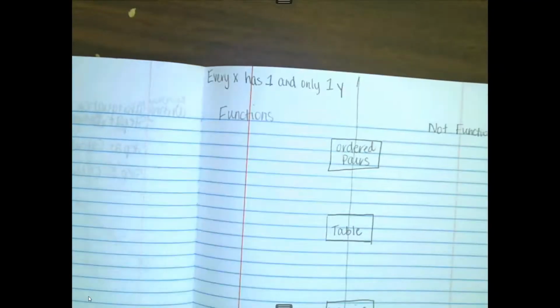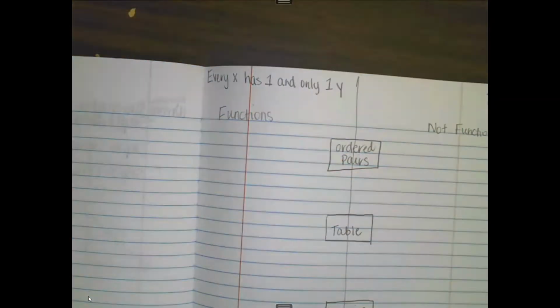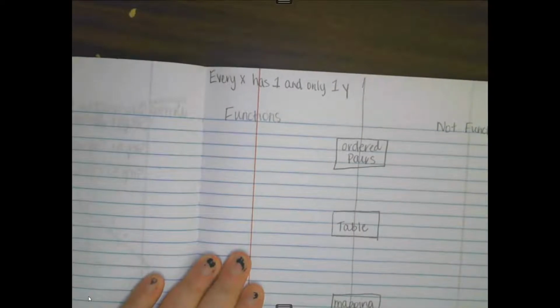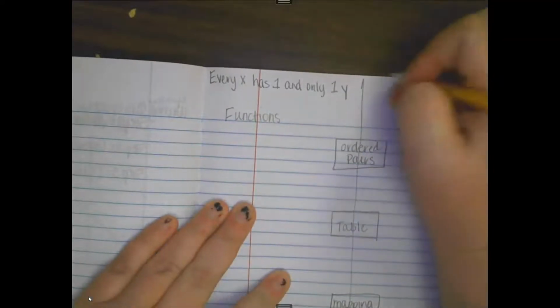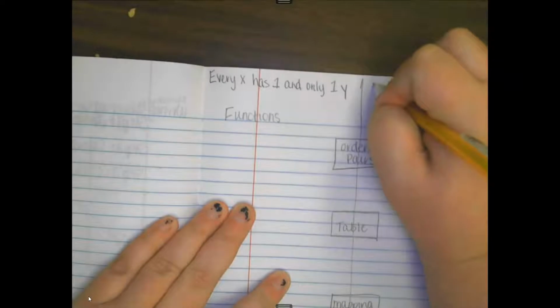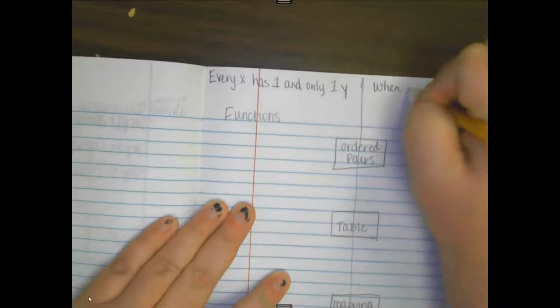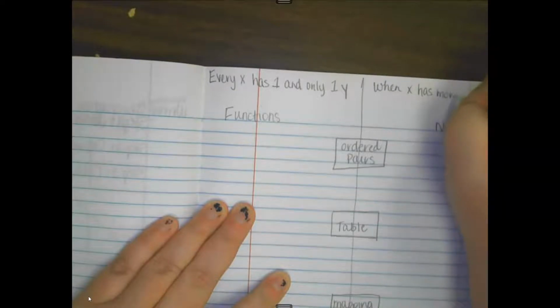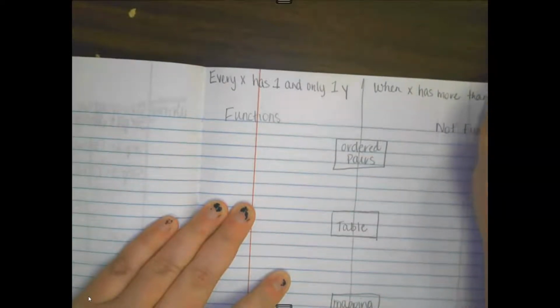So function, every x has one and only one y. And this is going to make more sense as we go over it. And not a function is when x has more than one y.